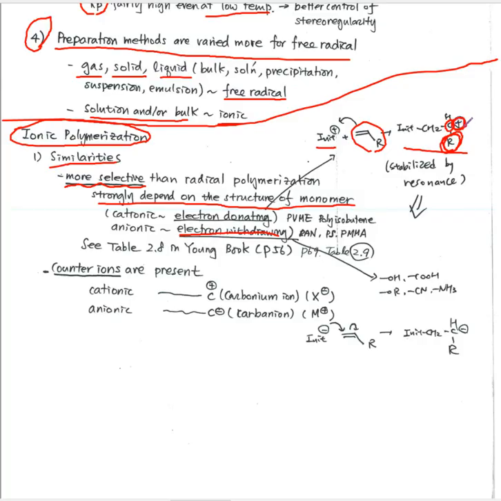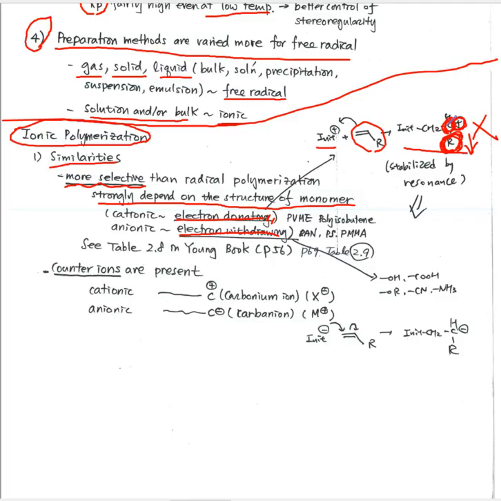It's a positive ion. And if this R group basically withdraws electrons from the neighboring carbon, then what would happen? This carbon will be much more unstable, right? So that tends not to happen. To stabilize this ionic structure, this R group should be electron donating to stabilize these cations.